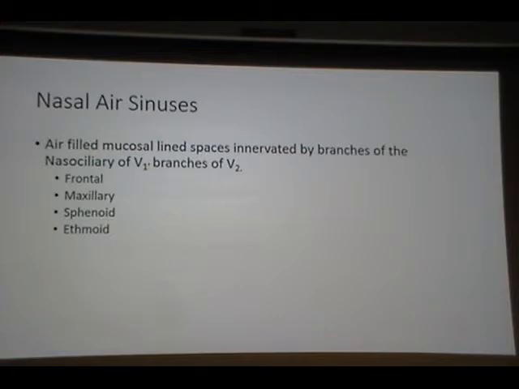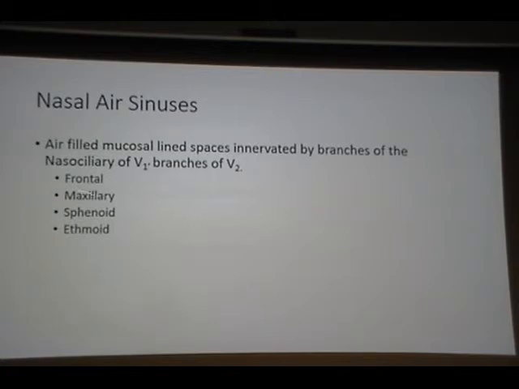So we have a sinus in the front, frontal sinus. There's spaces between this diploic space, or what we call external and internal cortical bone. And it's a bilateral space on each side of the midline over the nose. That's the frontal sinus.